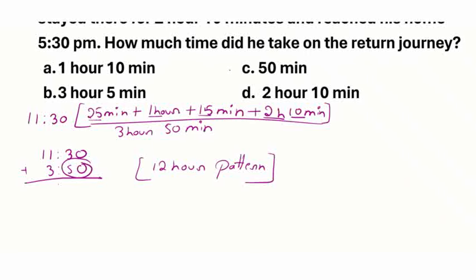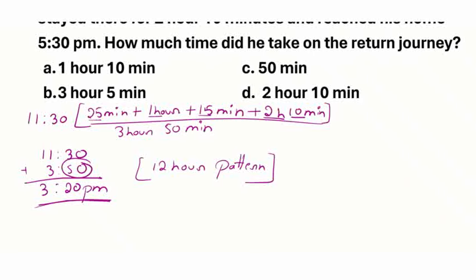Okay, and for 2:30 add this 50 minutes. For 2:30, 1 hour makes 3:30, so less just 10 minutes. So for the 2:30 add 50 minutes, so you get 3:20 p.m. This is what you get.